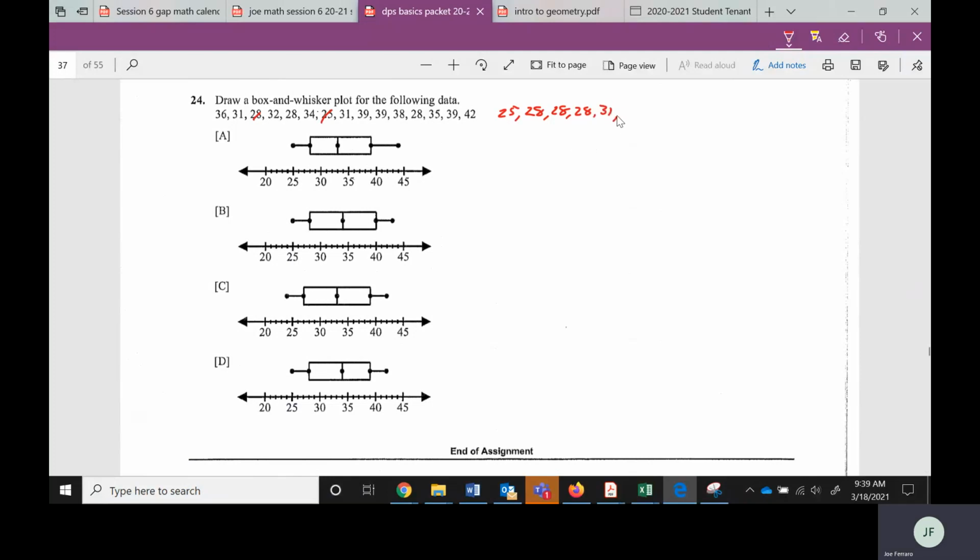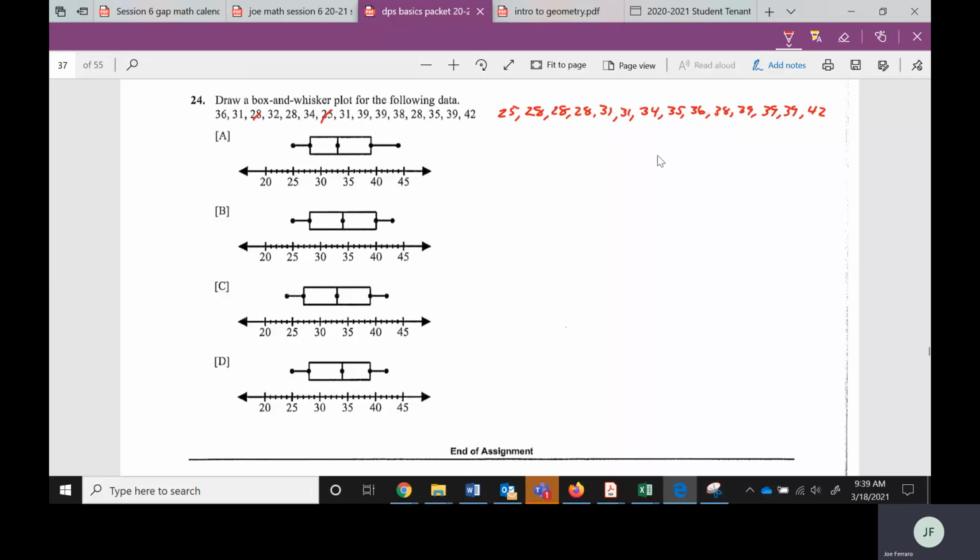Again, make sure when you're actually doing this, you take your time. There's a 34, 35, 36, 38. There's 3 39s. And a 42.